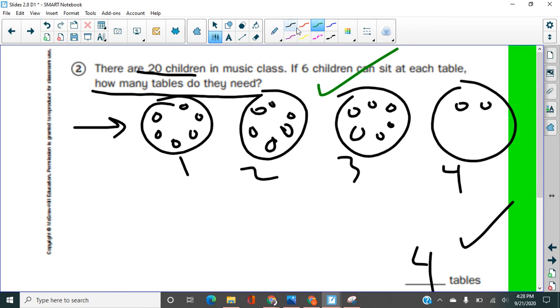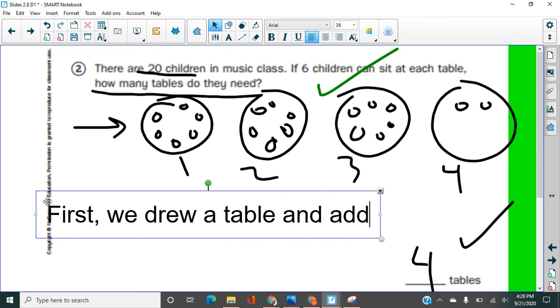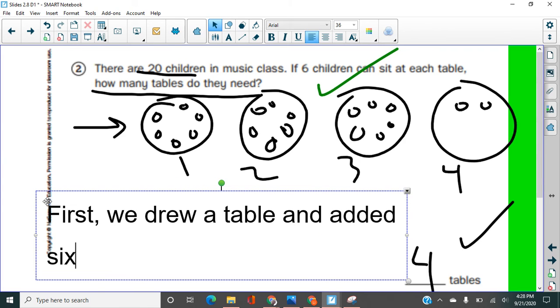So we need to type a sentence or more about what we did. Okay. First, we drew a table and added 6 kids.